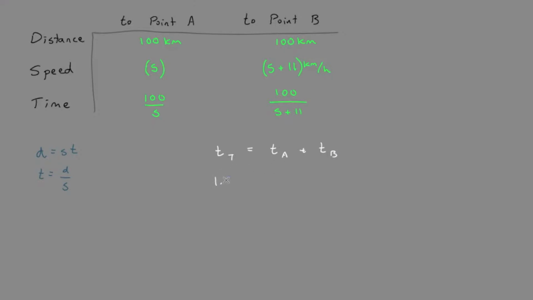We have 1.9 hours equals the time to A plus the time to B. And you might recognize this type of equation. So make a little bit more room here to solve, because what we're going to have to do is multiply each term by s times s plus 11.